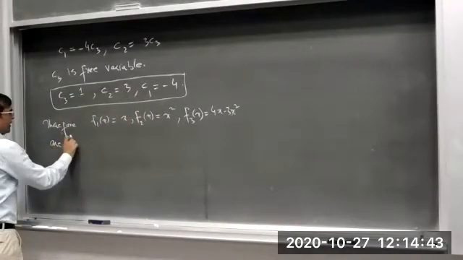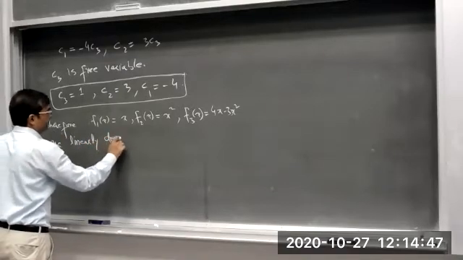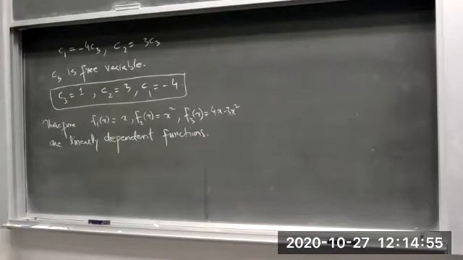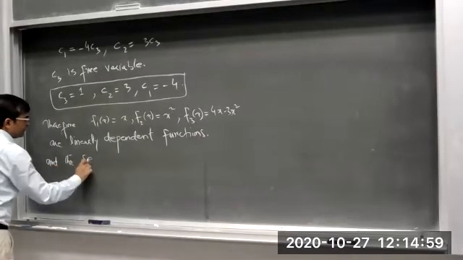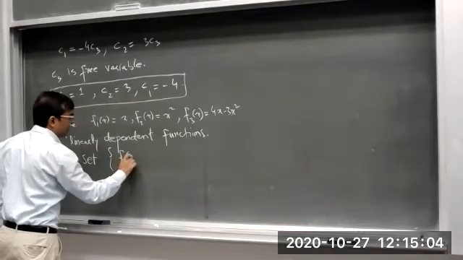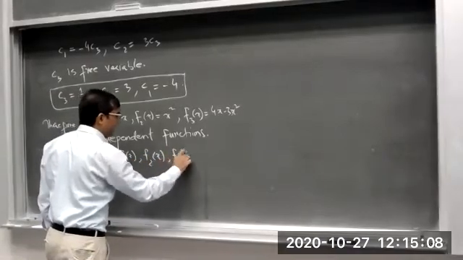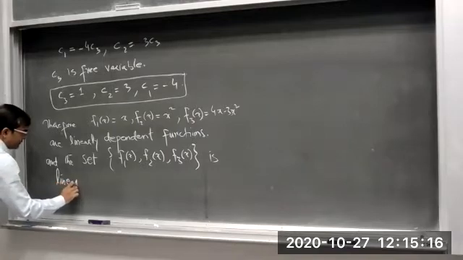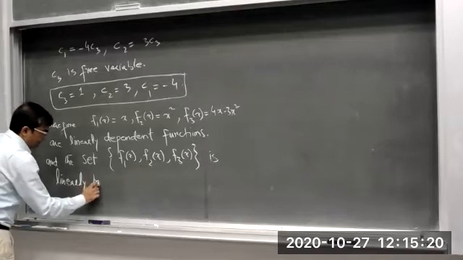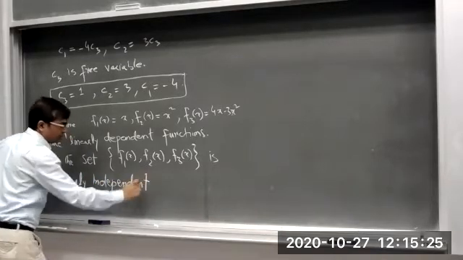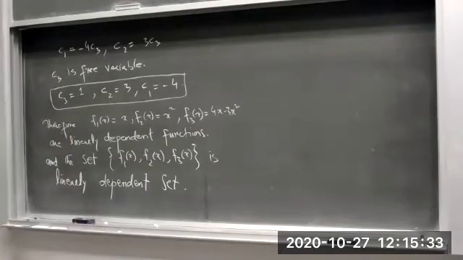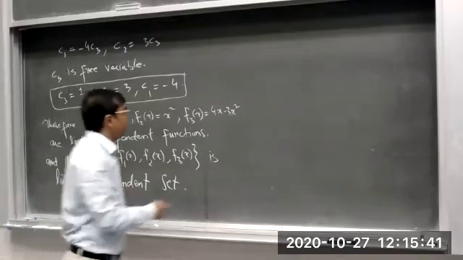These functions are linearly dependent functions, and the set of these functions, f1 of x, f2 of x, and f3 of x, is a linearly dependent set. Sorry, it is dependent, it is written dependent, you can see. So therefore, these functions are linearly dependent functions, and the set of these three functions is basically a linearly dependent set.